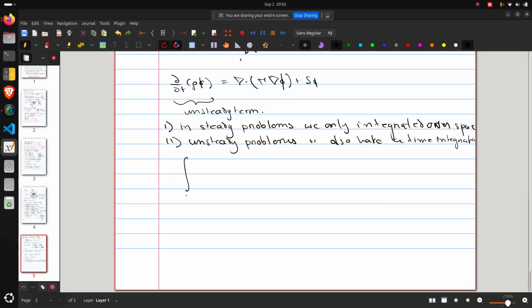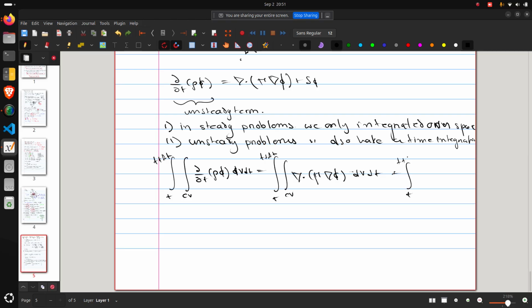So let's do the integration. Control volume, ∂/∂t of ρφ dV, and also integrated from t to t plus delta t, control volume, ∇·(Γ∇φ) dV dt, plus integrated from t to t plus delta t, control volume, S dV dt.